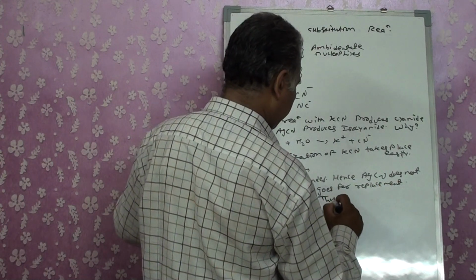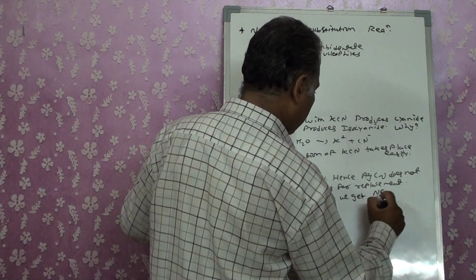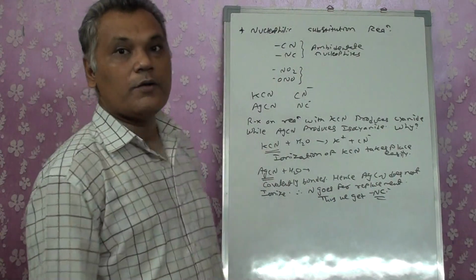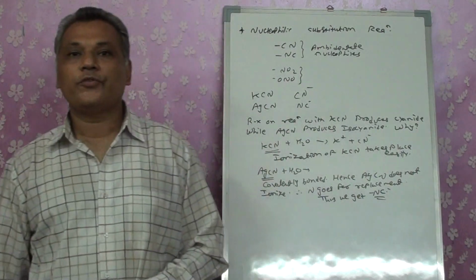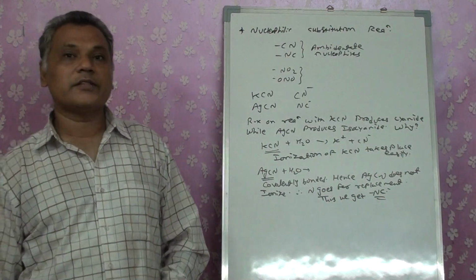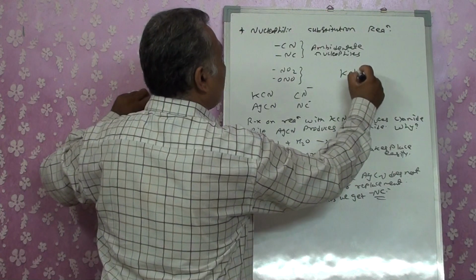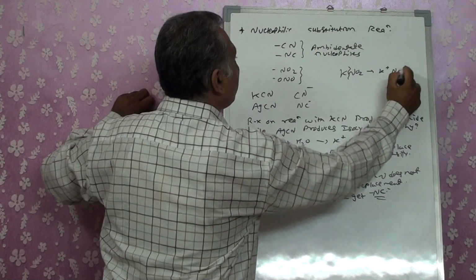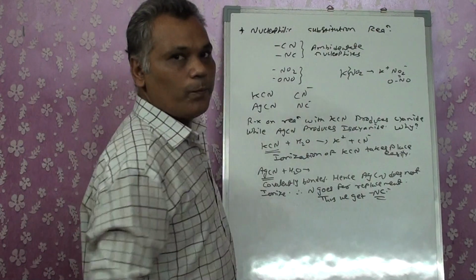thus we get NC as a substitution. KCN is ionizable, so we get CN, and AgCN is non-ionizable, so we get NC. Similarly, KNO2 ionizes to K plus and NO2 minus, and oxygen goes for the reaction, so it produces ONO.